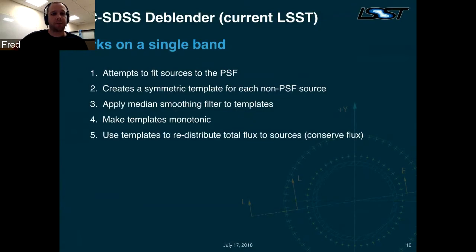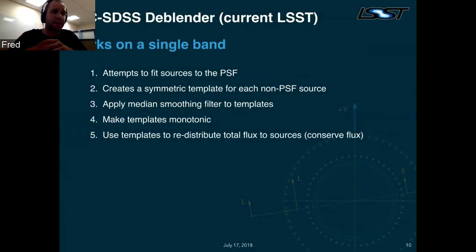Okay, so what does the current deblender do? This was originally the SDSS deblender that was mostly done by Robert Lupton, and then it was put into HSC with a few modifications, but basically the same procedure. What it does is it goes through all of the objects that are detected in a single blend. To determine a blend, basically you look at a noise threshold for the flux, and if you have multiple peaks, multiple objects, all contained in the same footprint, then you consider that a blend.